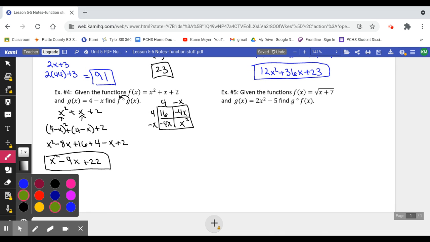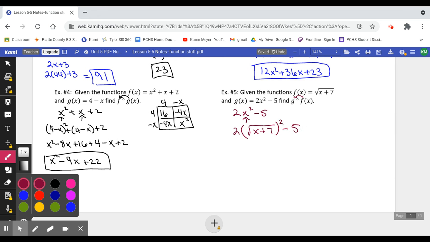All right, one more. This time we're going to take the f function and plug it into the g function. Here's my g function, and instead of x, we plug in the square root of 7 plus x. So I get 2 times the square root of 7 plus x, quantity squared, minus 5.